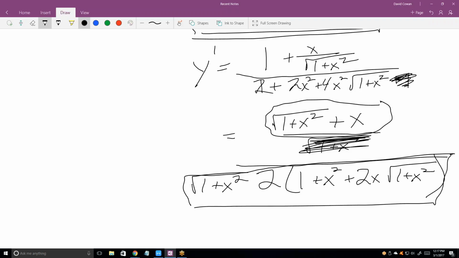Remember, when you take the square root of x times the square root of x, you get x. So if I got the square root of 1 plus x squared multiplied by that, it's going to turn into 1 plus x squared. But I also have to multiply this by this x squared, and by that 2x. So there's lots of simplification that can be done here.